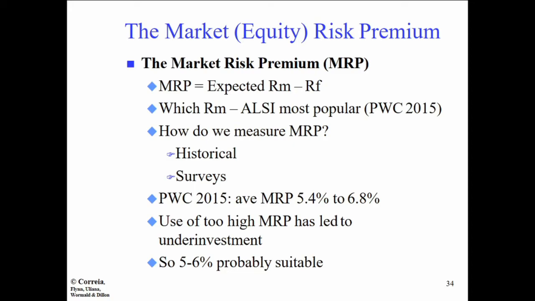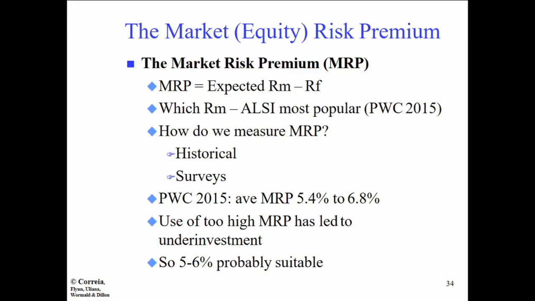Another thing we need to consider is how to determine the market risk premium. What information are we going to use? The market risk premium is calculated by taking the expected market return less the risk-free rate. So the market risk premium is a forward-looking measure. There are two ways we can determine it. We can use historical premiums based on past data and assume that this is going to reflect what is going to happen in the future, or we could look at surveys of investors and ask them what premiums they expect to earn.